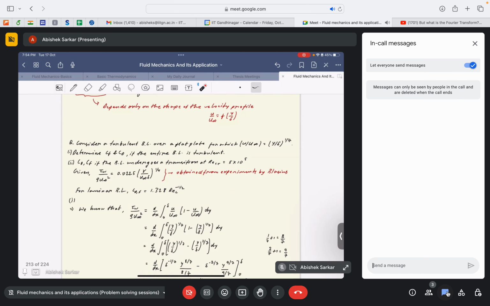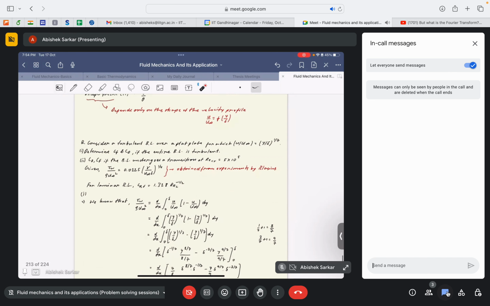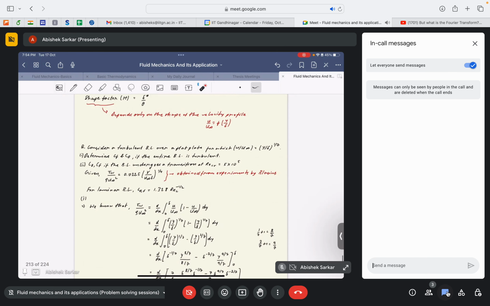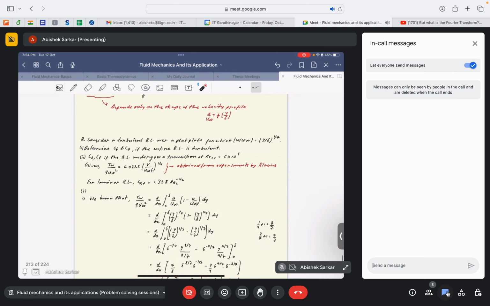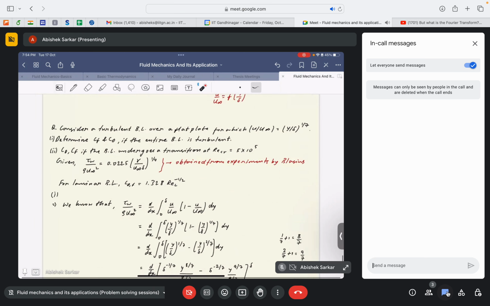Let's now solve this problem. This is a bit interesting one. We are dealing with turbulent flows in this case. So consider a turbulent boundary layer over a flat plate for which the velocity profile is given by u by u infinity equal to y by delta to the power 1 by 7. This 1 by 7th law, I guess you observed in the case of turbulent flow through pipes, where the velocity profile was also given by the 1 by 7th law.